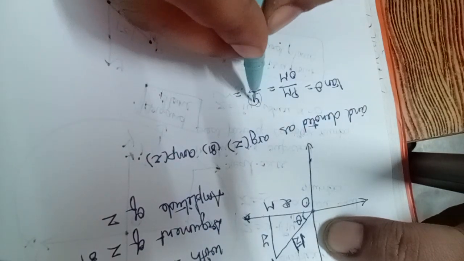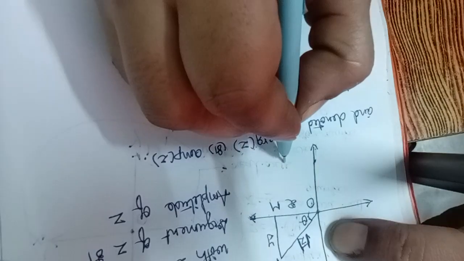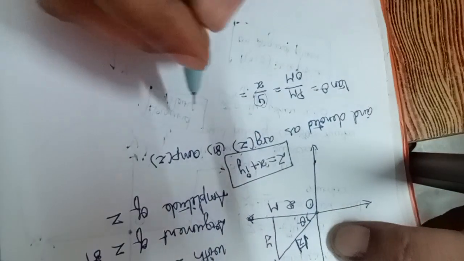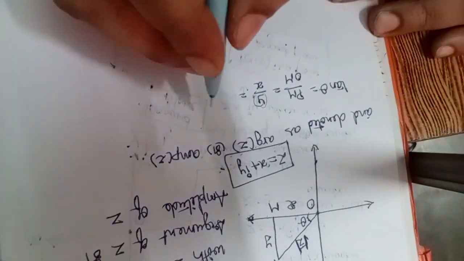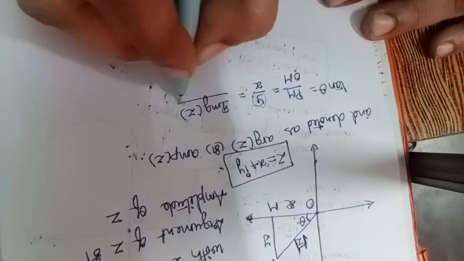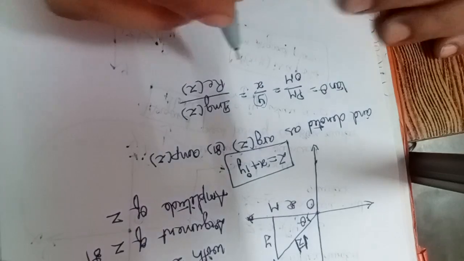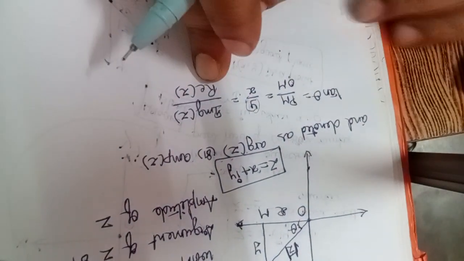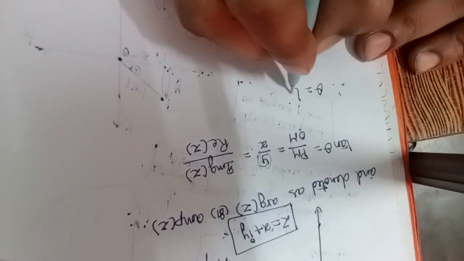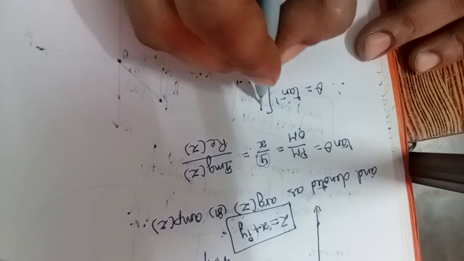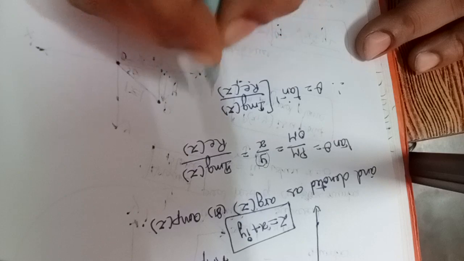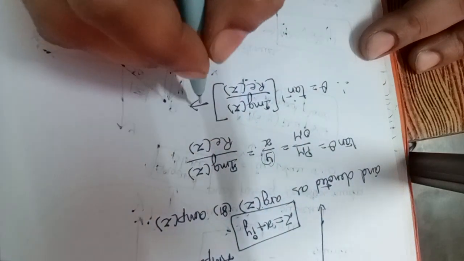In the complex number z equals x plus iy, y is the imaginary part, so this is the imaginary part of z by the real part of z. Therefore theta equals tan inverse of the imaginary part of z by the real part of z. This is called the argument.